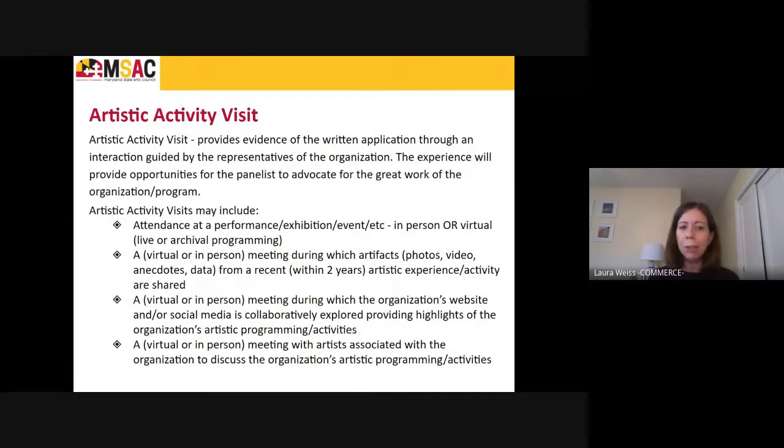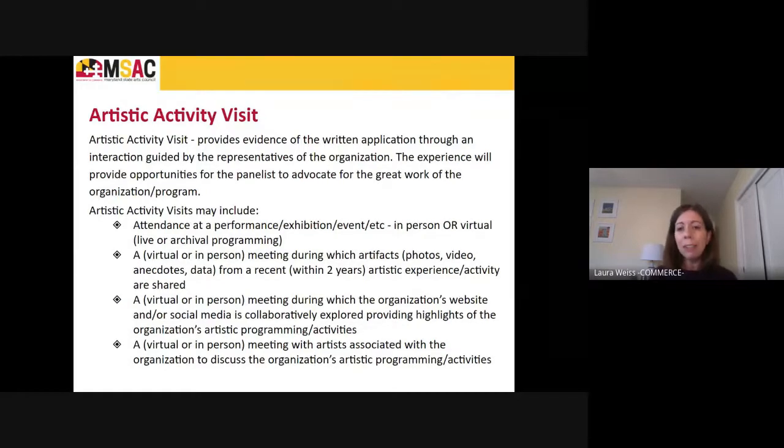A meeting during which the organization's website and or social media is collaboratively explored, providing highlights of artistic programming. So maybe some videos or other opportunities to see what your organization does best. Or a meeting with artists associated with the organization to discuss the organization's artistic activities and programming.